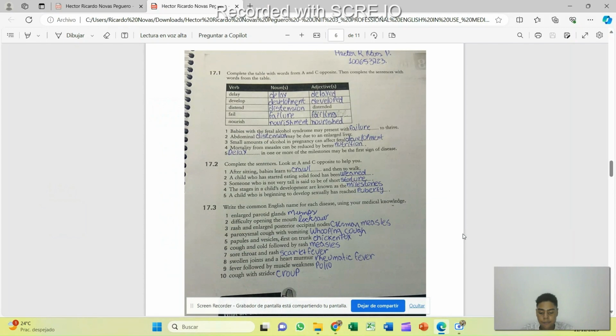Chapter 17. 17.1. Complete the table with words from A and C opposite. Then complete the sentences with words from the table. Verb, noun, adjective. Delay, delayed. Development, develop.